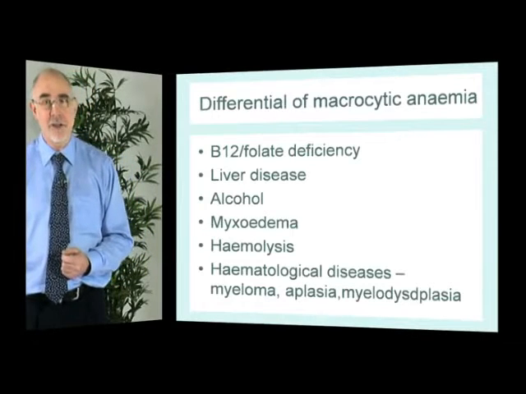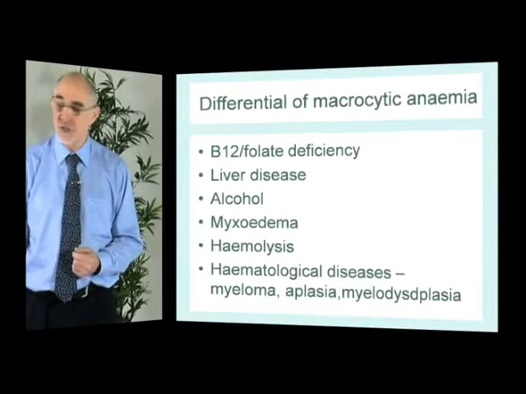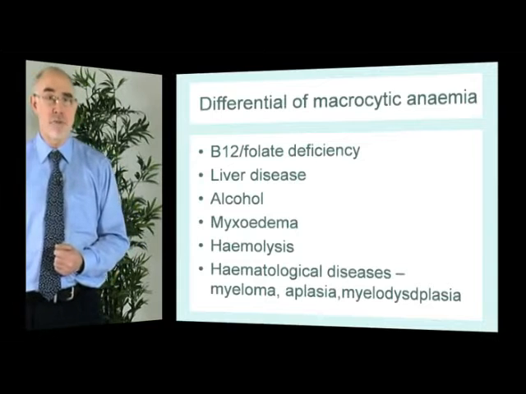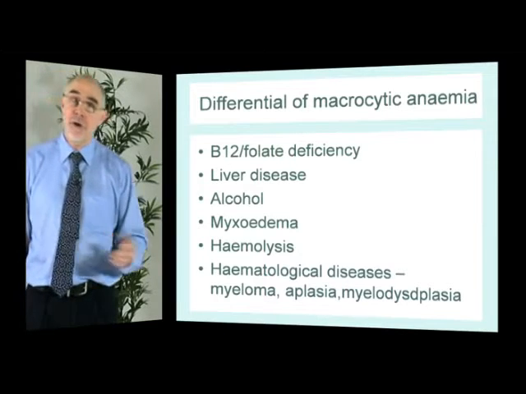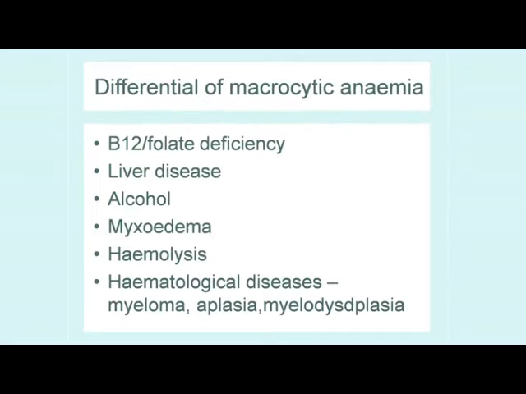Finally, there is a little list of hematological diseases that are associated with macrocytic anemia but have their own special features. For example, a paraprotein in myeloma, a pancytopenia in aplastic anemia, and we should note, by the way, that this lady did have a borderline white cell count and a borderline platelet count.